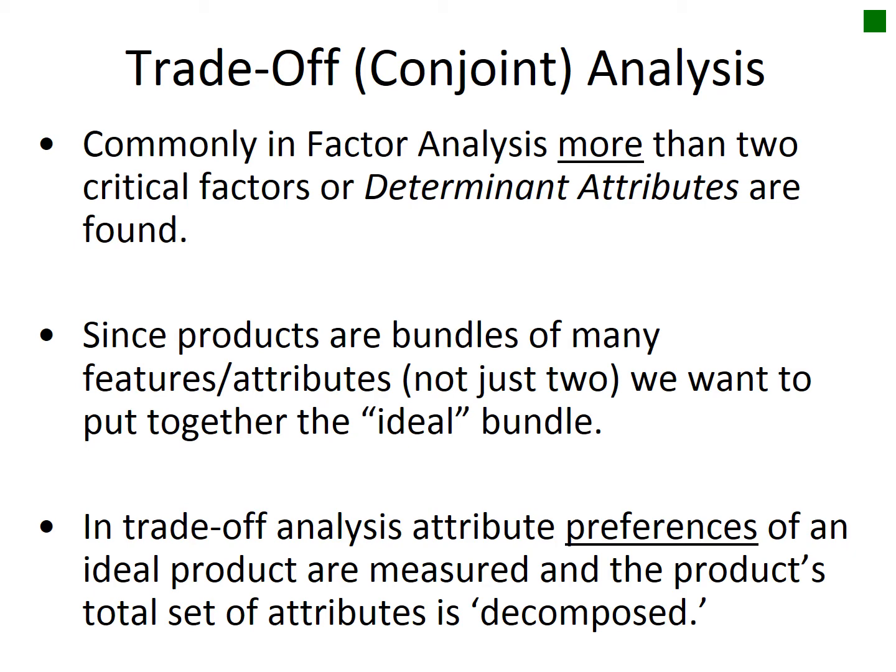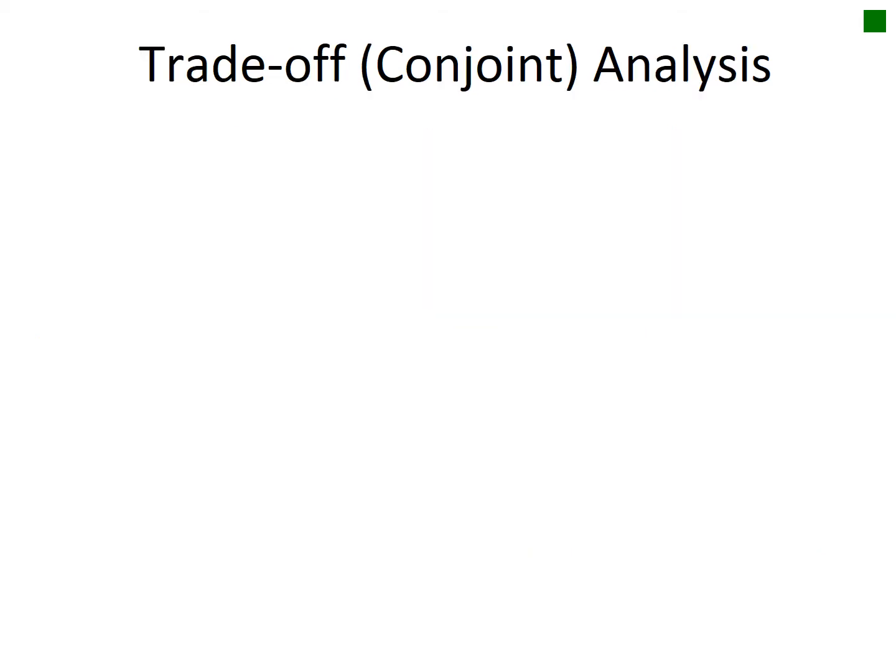So the idea of trade-off analysis, or the technique we'll talk about, conjoint analysis, focuses on the idea that we can take a product as a whole and then break down its different features and determine which ones are the most important and which ones are the most desirable for the customer.